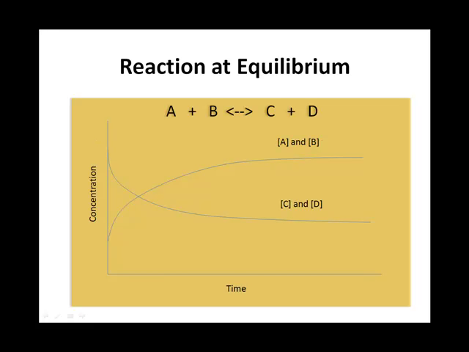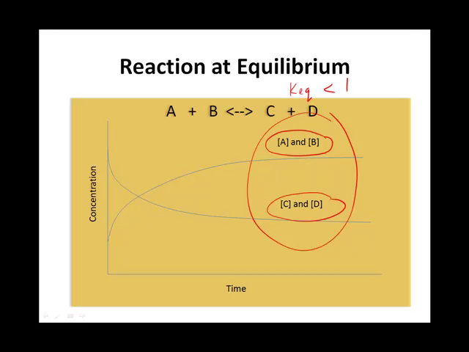Notice how the concentration of reactants is larger than the concentration of products. So what does this tell us? This tells us at equilibrium, which is at this point right here, because the rates are the same, KEQ is probably going to be less than 1.